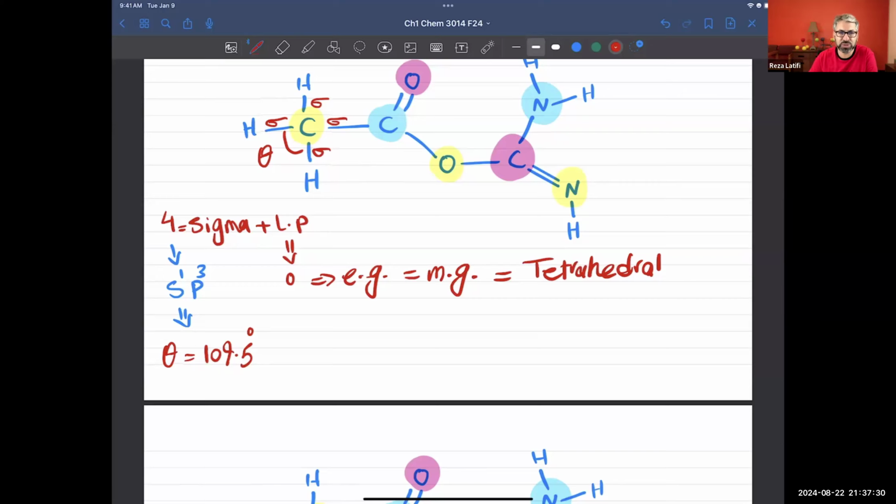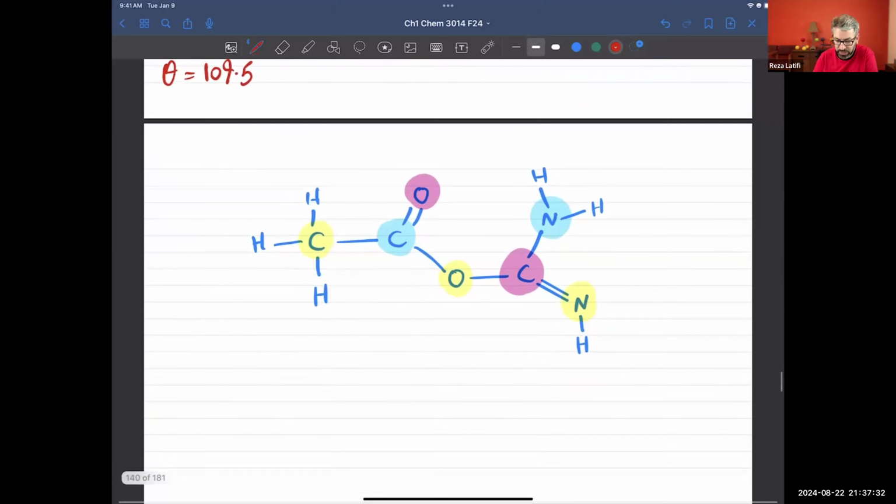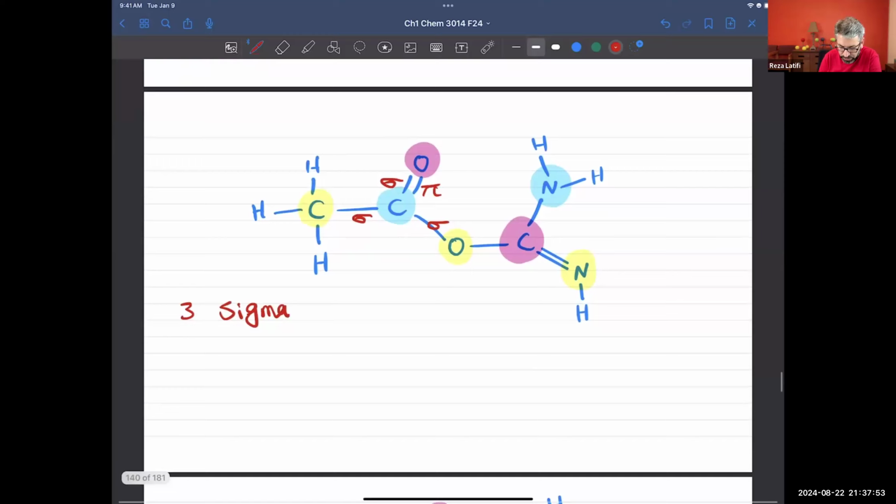Now let's switch to the second carbon. For the second carbon, we have 1 sigma, 2 sigma, 3 sigma, and we have a pi. We don't care about the pi. Clearly, carbon is octet. So we have 3 sigma, and how about lone pairs? We have 0.